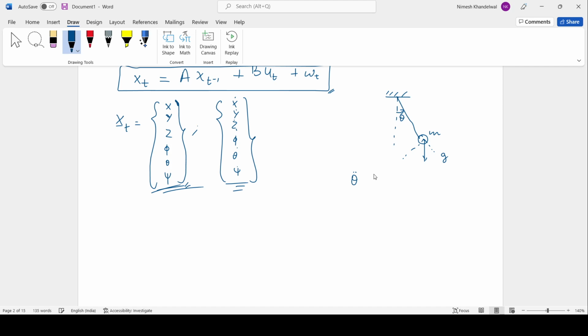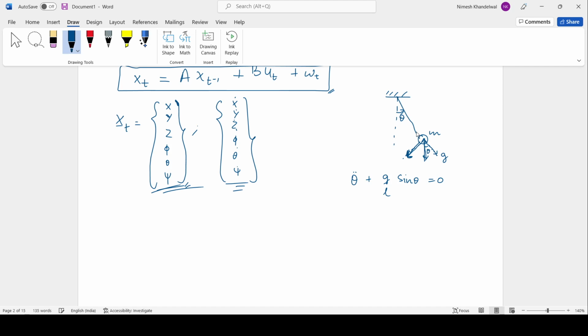So the equation of motion for a simple pendulum comes out to be this, right? Because see, this angle is theta, and this force is mg. The component of this force perpendicular to the pendulum is the only restoring force that we have.